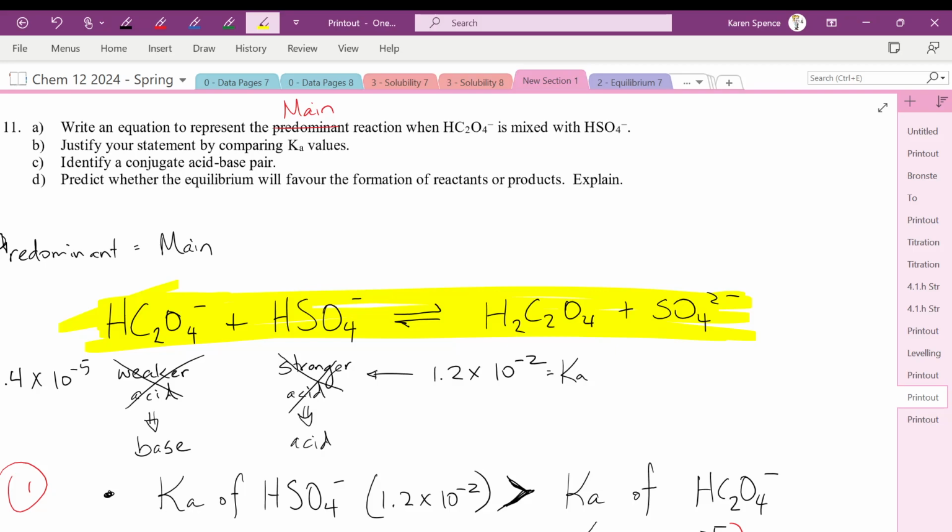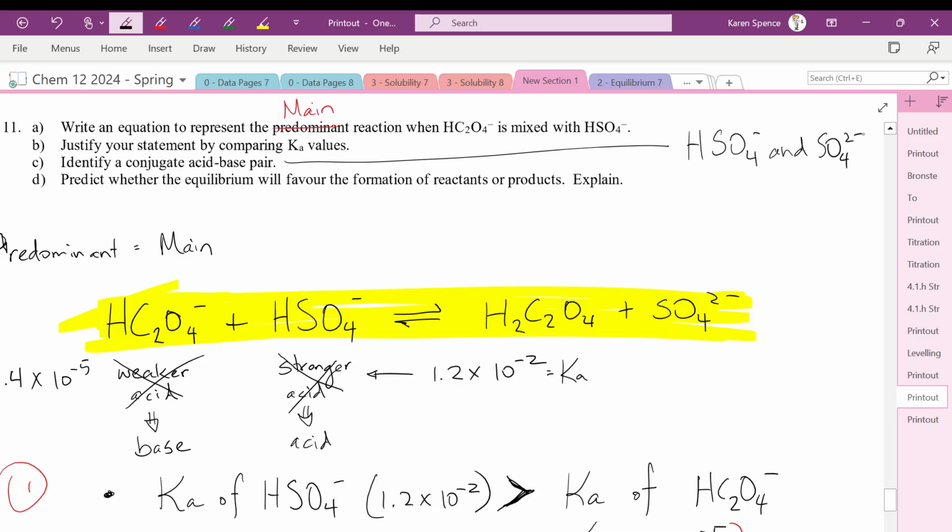How many people think they've identified a conjugate acid-base pair? 3/4 of you. Okay, you have a choice. You could write HSO4 minus and SO4 2 minus.